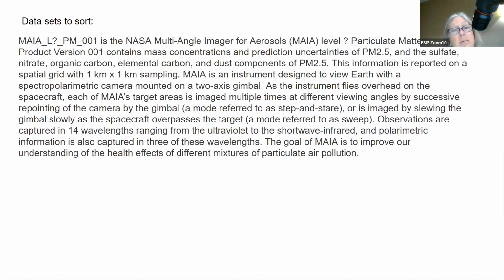This is a MAIA data product. It's a simulated product. They haven't launched yet, but they are going to have some observational data gap filled with model outputs. So I'm curious to know what processing level people in the room think that data product ought to have.